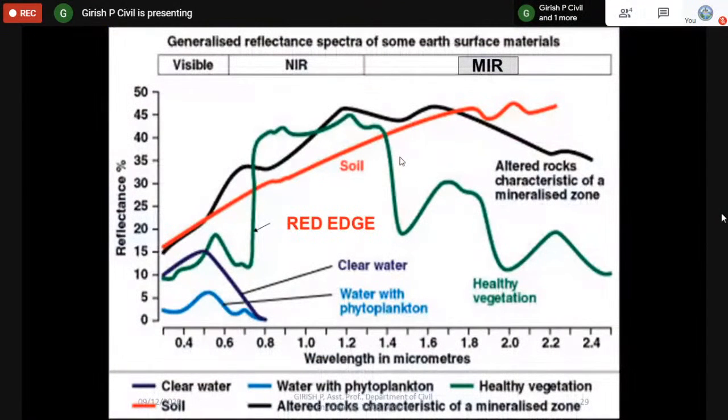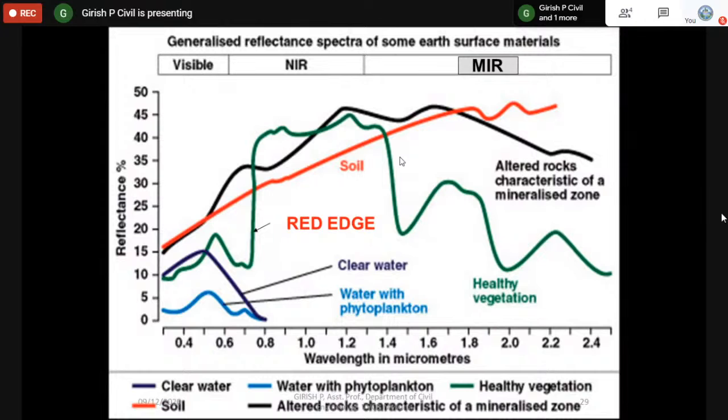Some other important factors to be considered in remote sensing with respect to the electromagnetic spectrum is the spectral reflectance curve. The characteristics of Earth's surface features may be quantified by measuring the portion of incident energy reflected. The image shows various curves, like the green curve, red curve, black curve and blue curve.